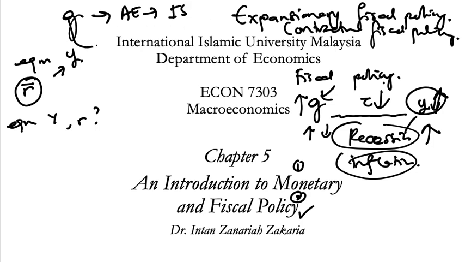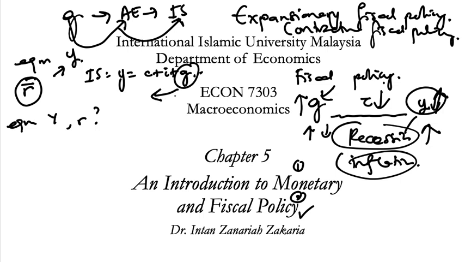And because government expenditure is a direct component of aggregate expenditure, therefore it is also a direct component of IS. Recall back IS is basically the equilibrium position in which Y equals C plus I plus G, isn't it? So you can see clearly in the equilibrium position, IS has a component of government spending. Alright?